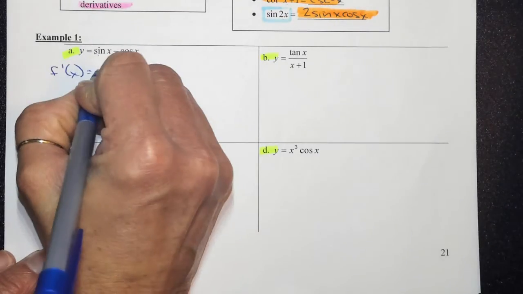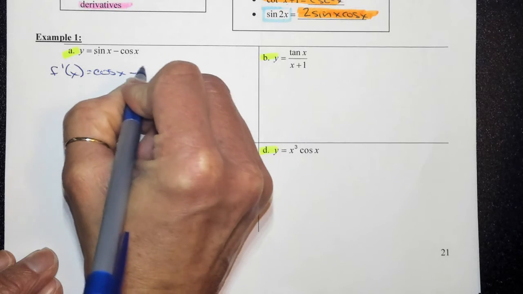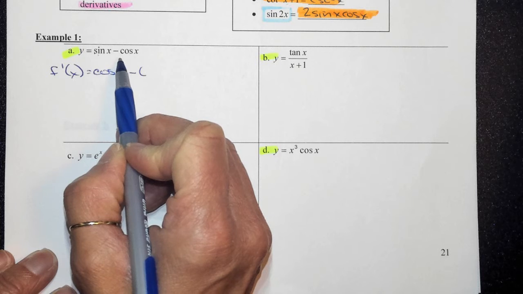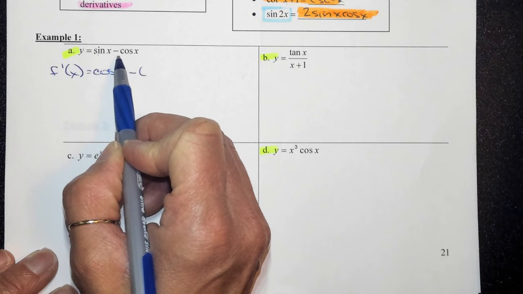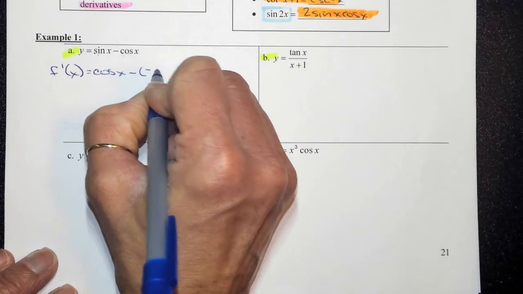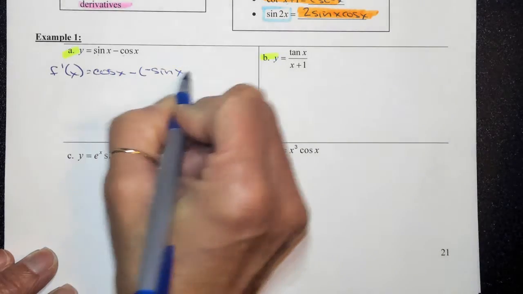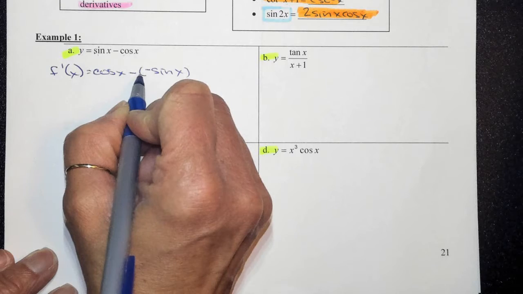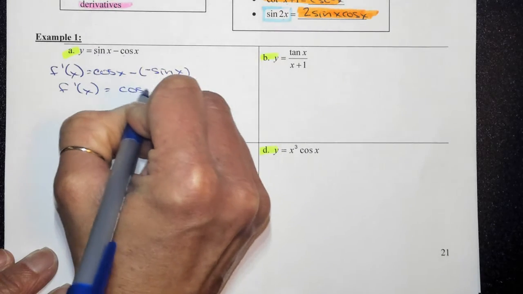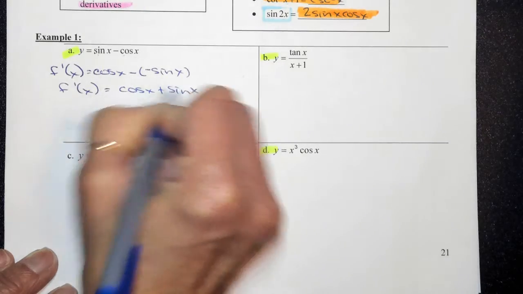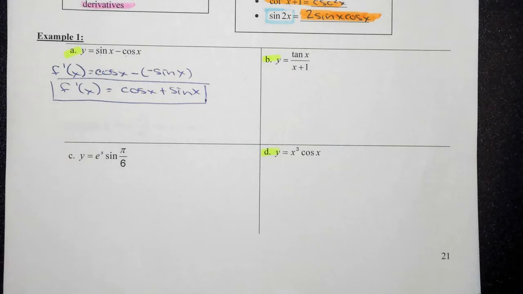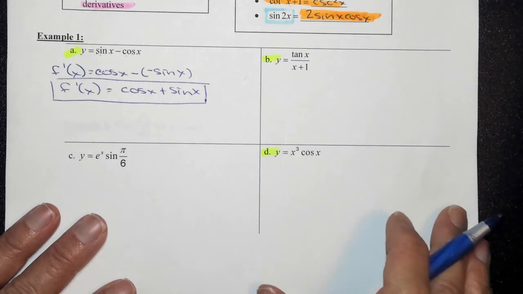So I take the derivative, this is cosine of x, minus the derivative of the cosine, which, remember, the derivative of a trig function that starts with a c is negative, so this would be negative sine of x, which simplifies to a positive. So f prime of x is equal to cosine of x plus the sine of x. This is your derivative. But again, it's about knowing the derivatives of your trig functions.